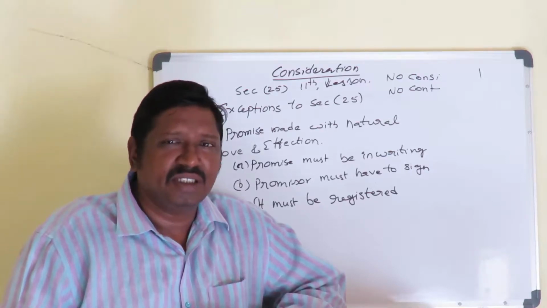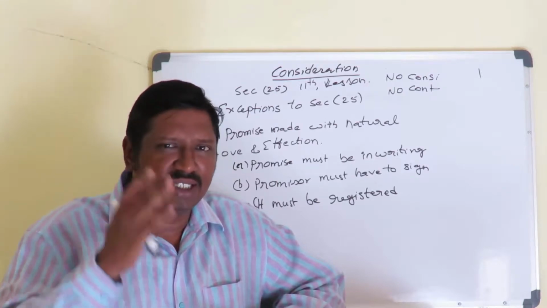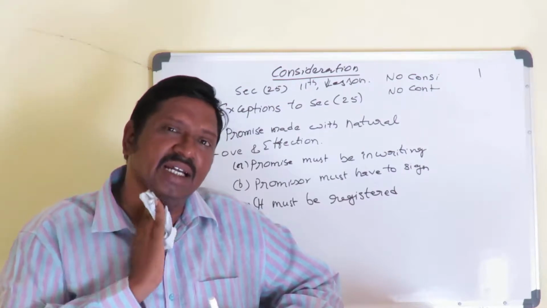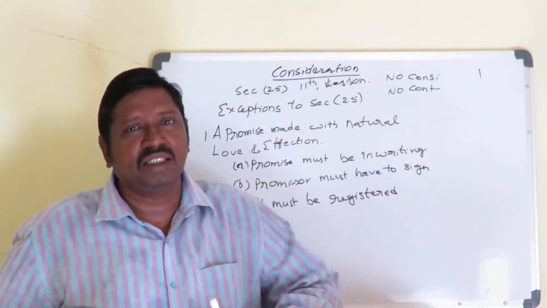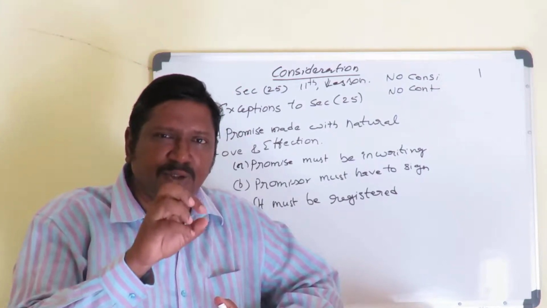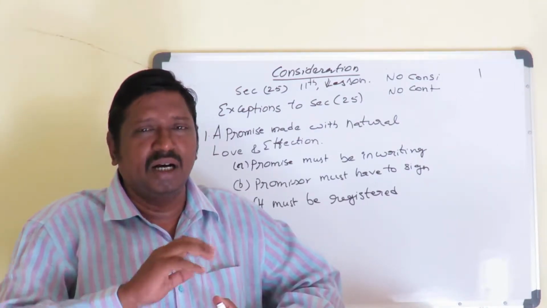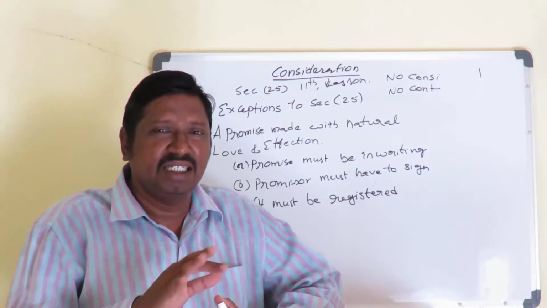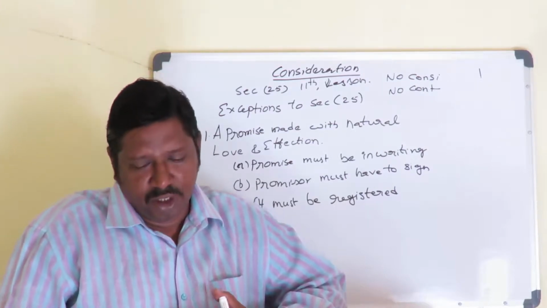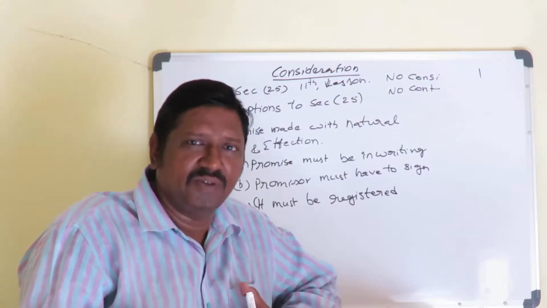Here, the wife is arguing with the court that even though section 25 says that where there is no consideration, there is no contract, in the same act a few exceptions are also specified. As per those exceptions, even though there is no consideration, a promise made by someone who is not a far away person, but in a near relationship, wife and husband, maybe father with son, father with daughter, daughter with father.